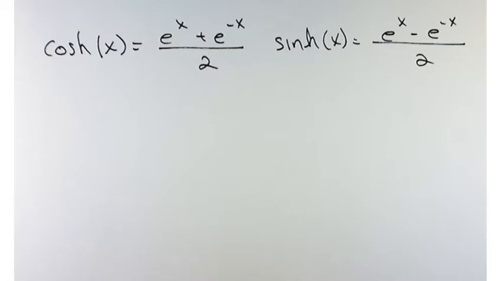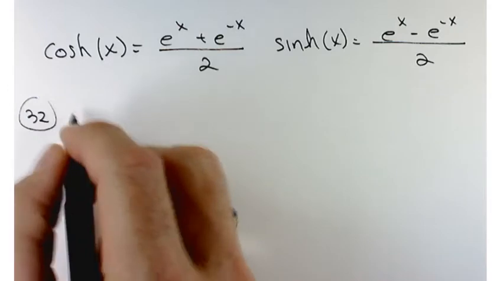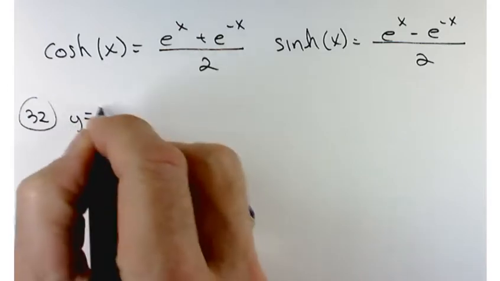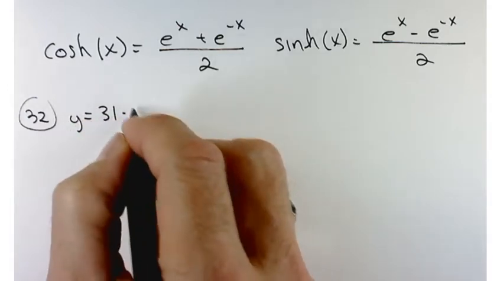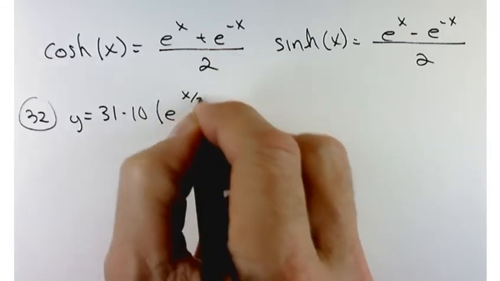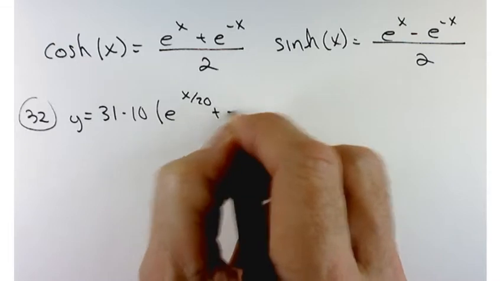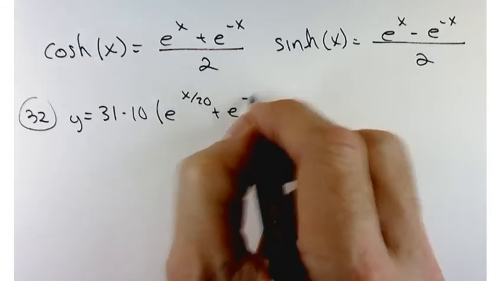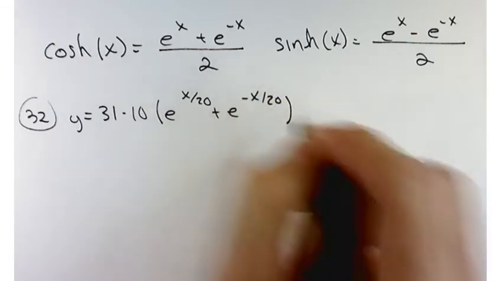Now I mentioned that in advance of problem number 32, which looks like this. y equals 31 minus 10 times e to the x over 20 plus e to the negative x over 20, like that.